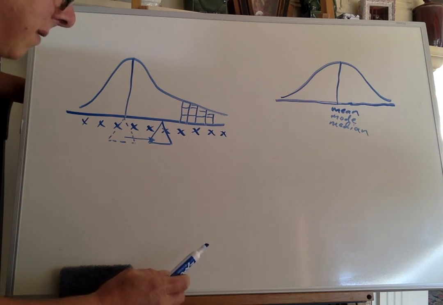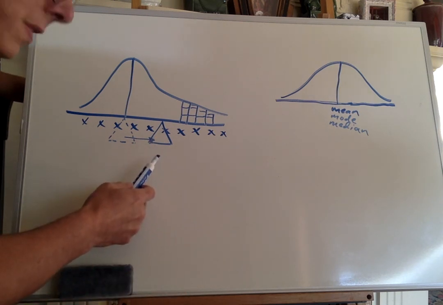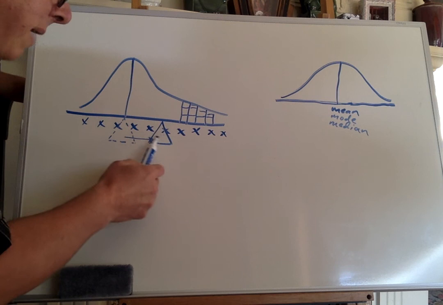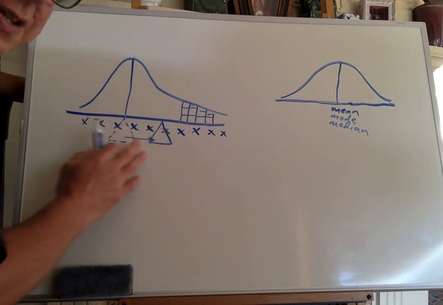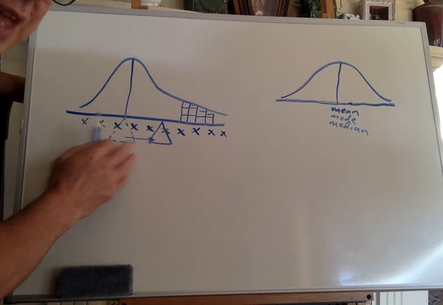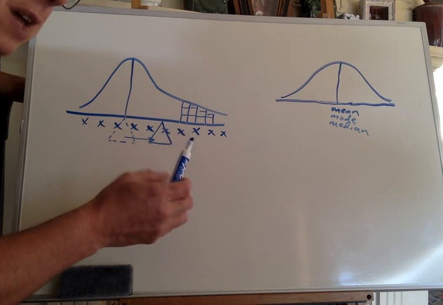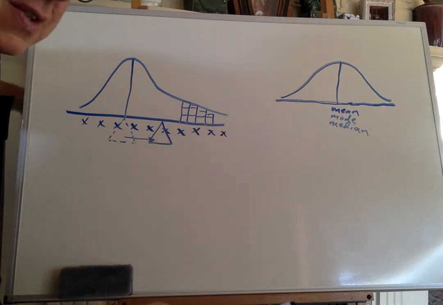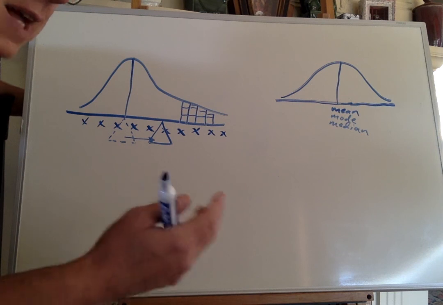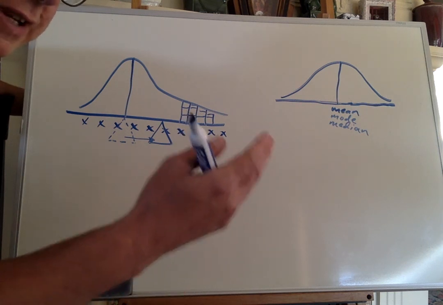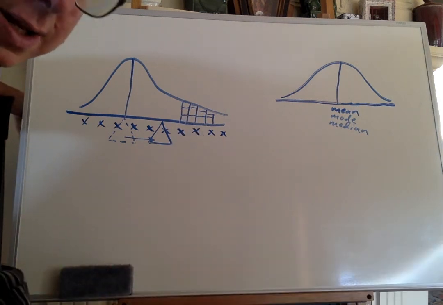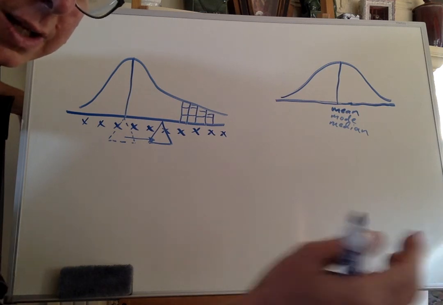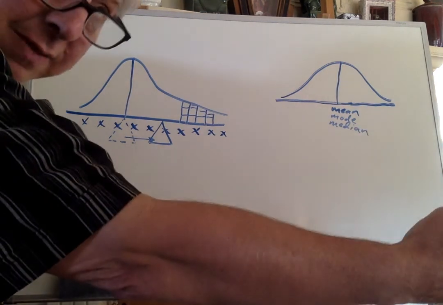Now all of a sudden, I get a little bit nervous thinking about this as the best descriptor of this data set, okay? Let's say we have a class of 10 students, and 9 of the students got a 70 or 72 on the exam, and 1 student got a 100, right? Are you with me? That would be a positively skewed distribution.